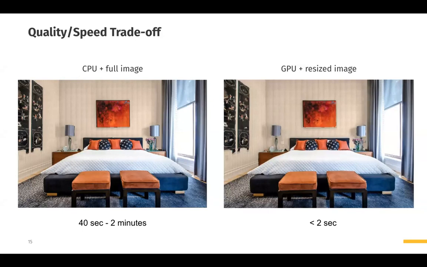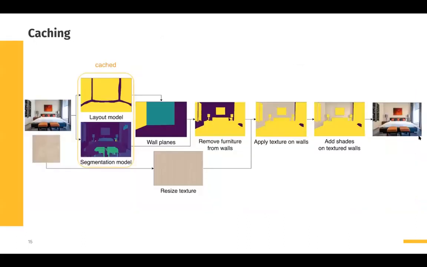But when we reduced our input images and did all these manipulations with caching and GPU utilization, we reduced our inference time to 2 seconds with some reductions in the quality, but it will be just fine for our use case. And so here you can see which parts of the pipeline were cached. These are 2 outputs of our 2 neural networks.